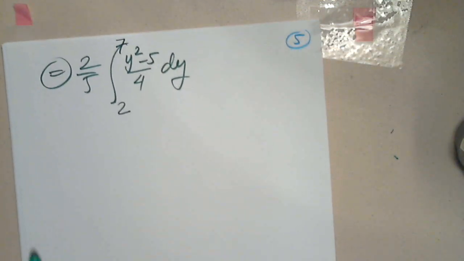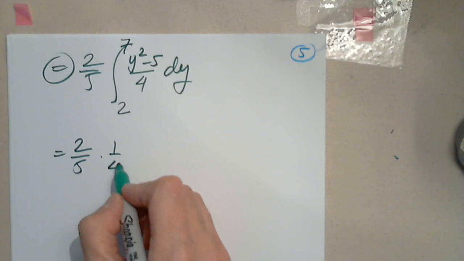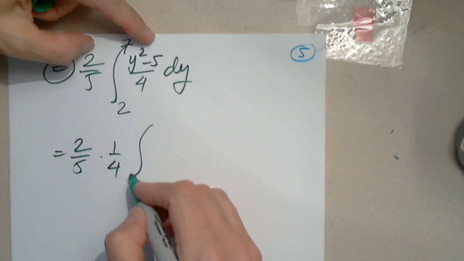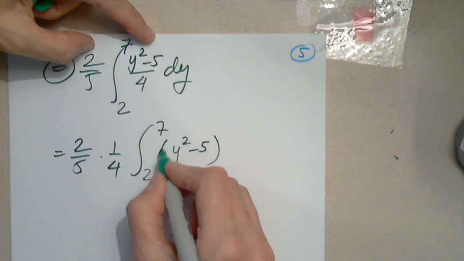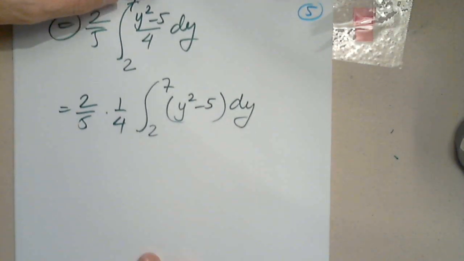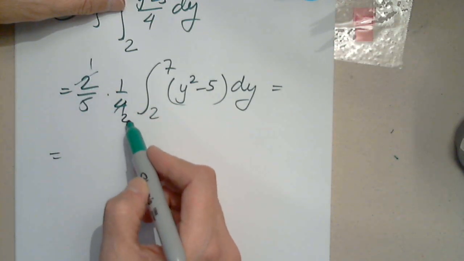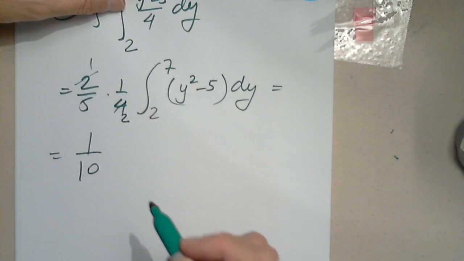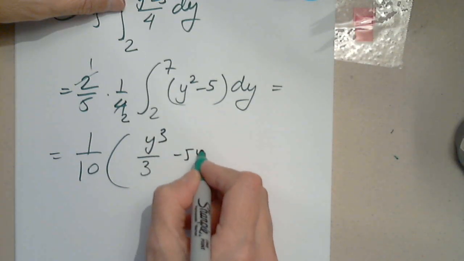Quite nice. So 2/5 multiplied by 1/4, the integral from 2 to 7 of y squared minus 5 dy. Much nicer. I'll simplify by 2, and I get 1 over 10. And this is y cubed over 3 minus 5y.